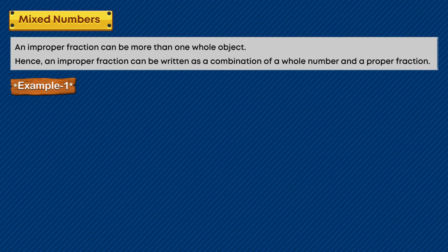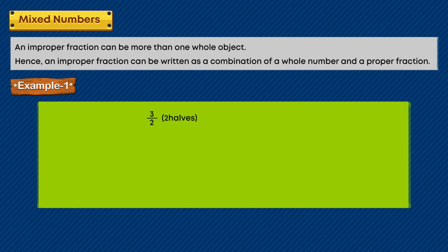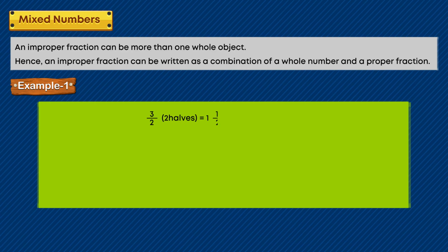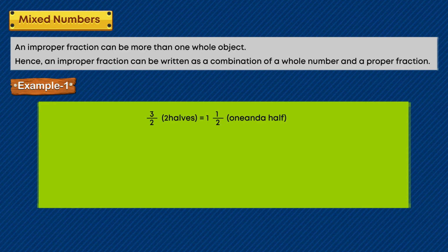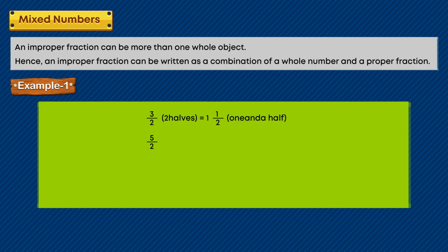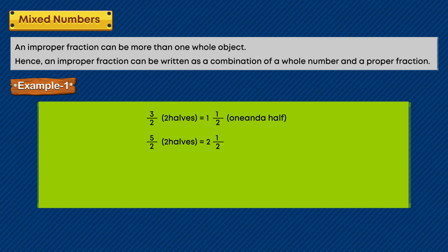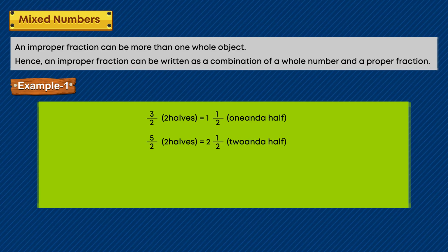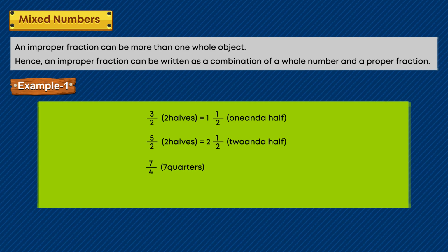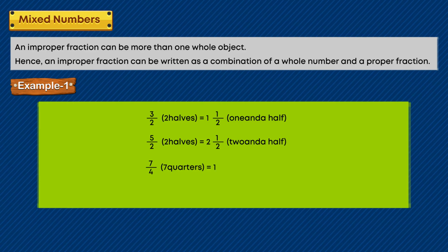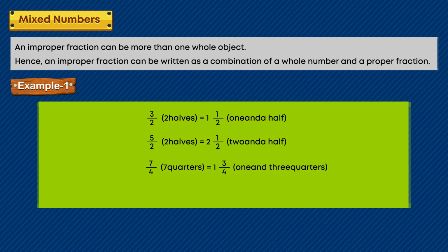For example, 3/2, 3 halves, is equal to 1 1/2, 1 and a half. 5/2, 5 halves, is equal to 2 1/2, 2 and a half. 7/4, 7 quarters, is equal to 1 3/4, 1 and 3 quarters.